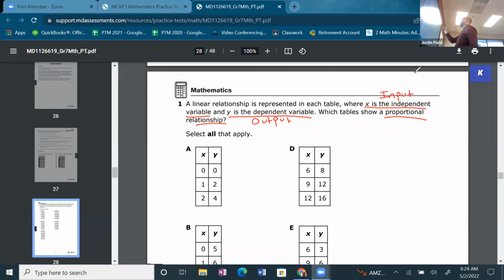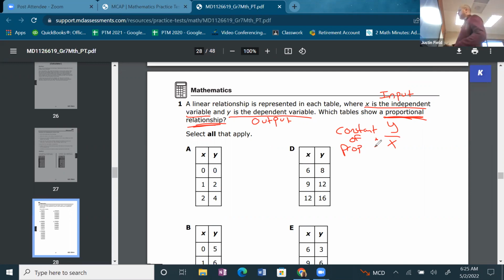Okay, so the keyword here is proportional relationship. So that means we want a constant of proportionality, or y over x. Recall that constant of proportionality. And so let's see which one.